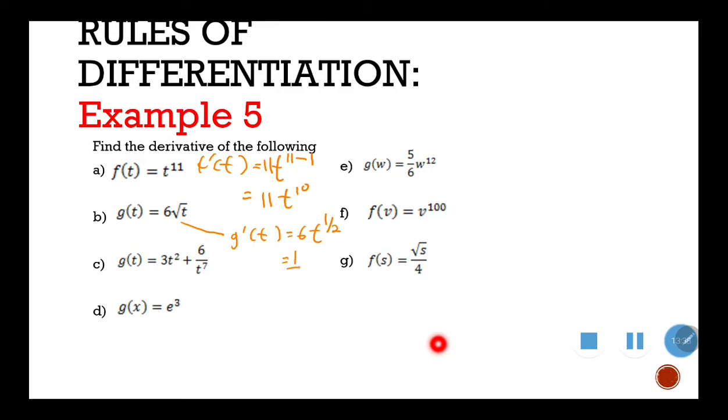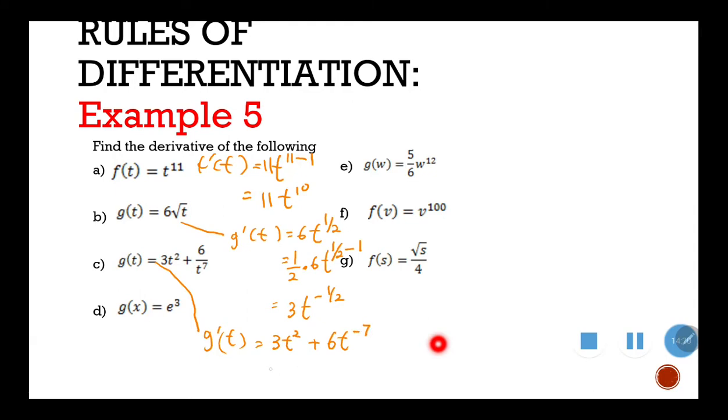Bring half to the front, and then this 6 here, and then t to the power of half minus 1. I'm sure you have learned this, I think, in high school. This is easy peasy. This can also be rewritten like this, 6t to the power of minus 7.